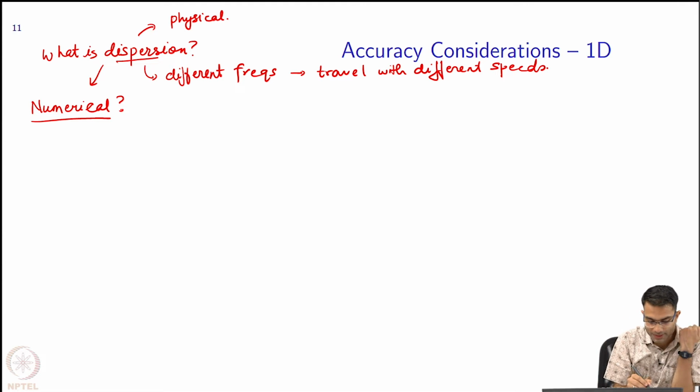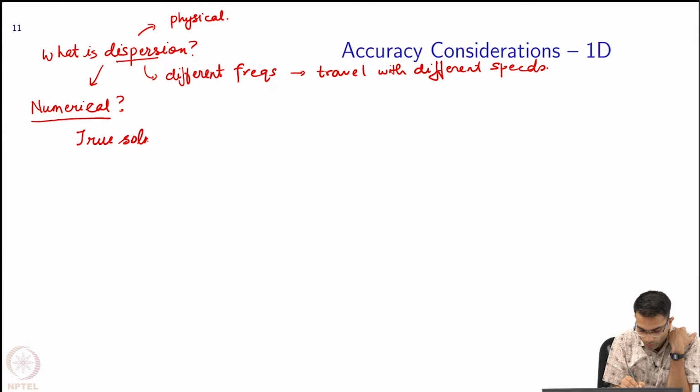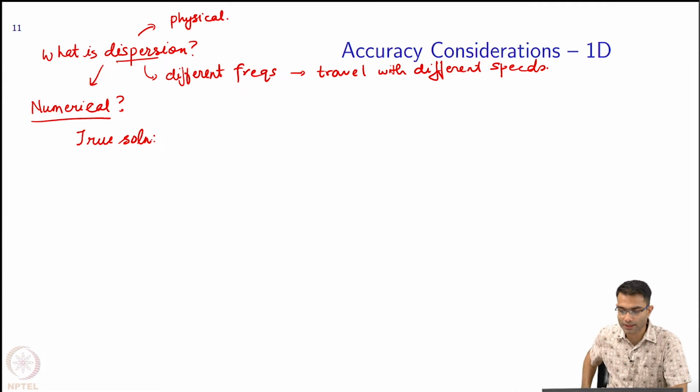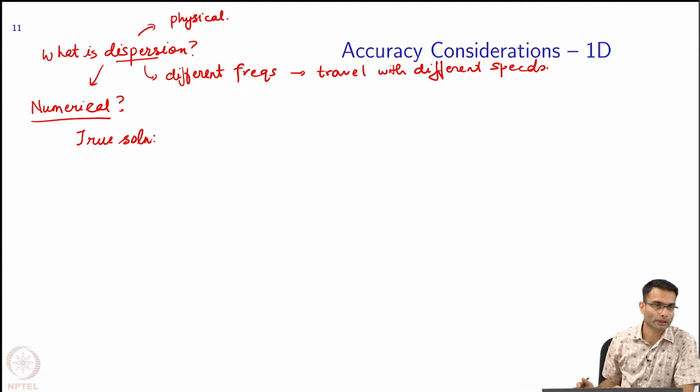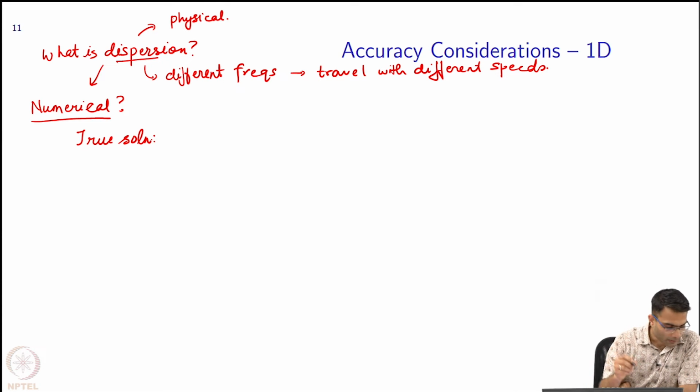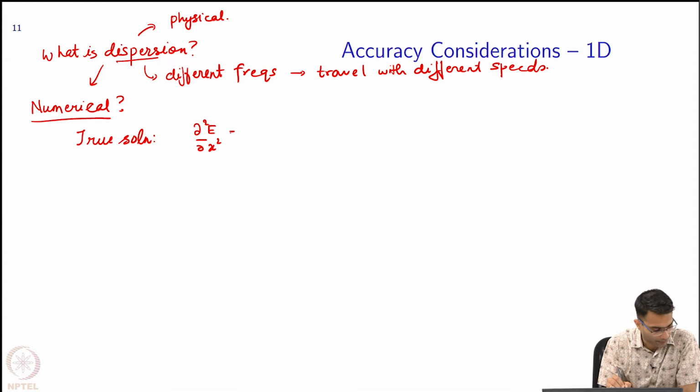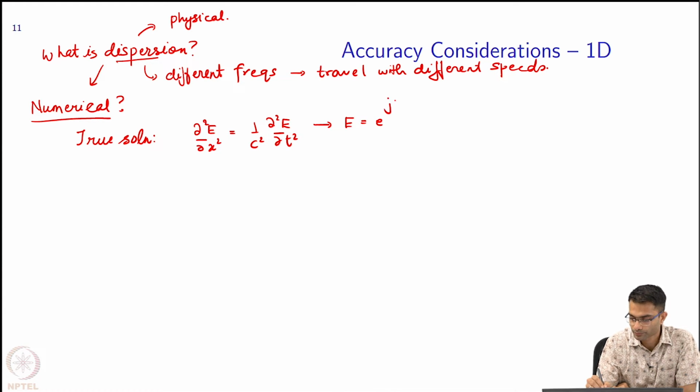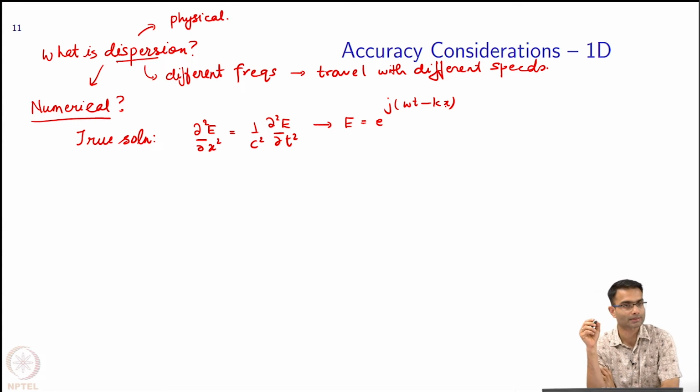Okay. So, let us first look at the true solution. You will notice in all of these calculations we use the wave equation a lot, right, because it is very easy to handle. So, our wave equation gives us the second derivatives of space and time for the electric field. Okay. And this gives us a solution of the form, we all know this, omega t plus minus kx, right.